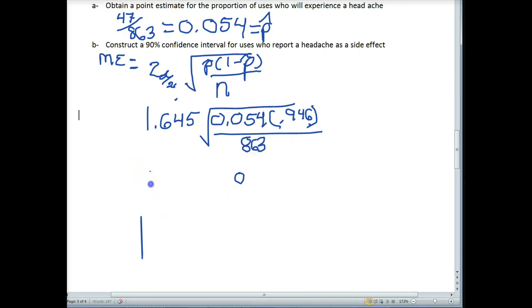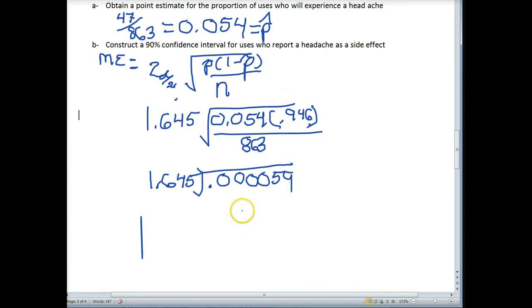Alright, so let's do some math, and it is important we follow our order of operations here. We want to go ahead and multiply the top values, 0.946 times 0.054, and divide that by the total, 863, which gives me a very small number, 0.000059. I'm then going to take the square root of that.